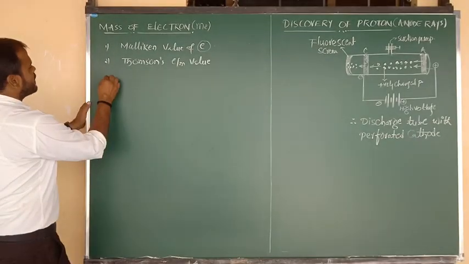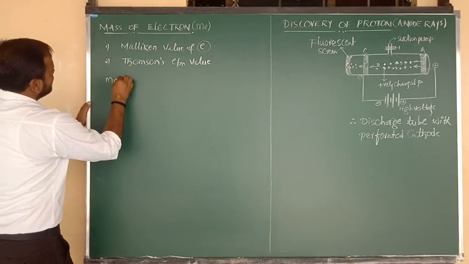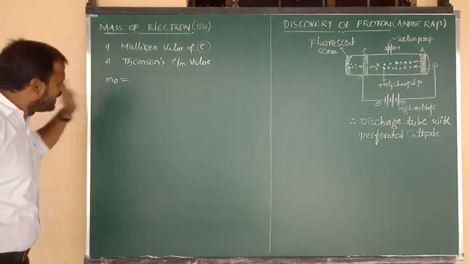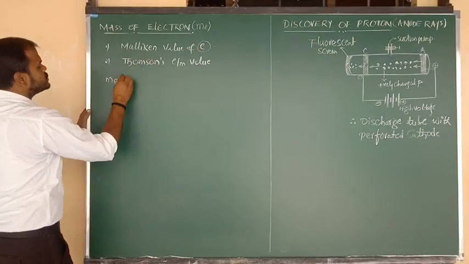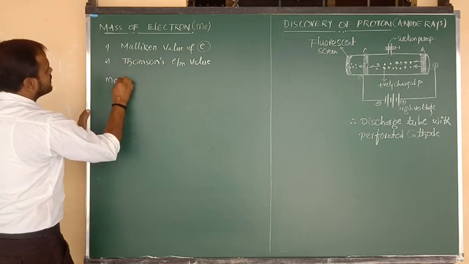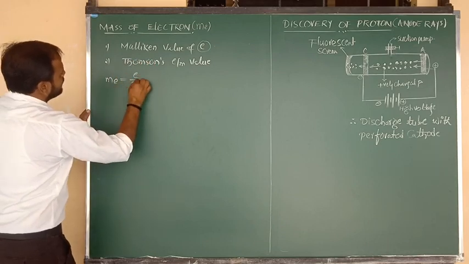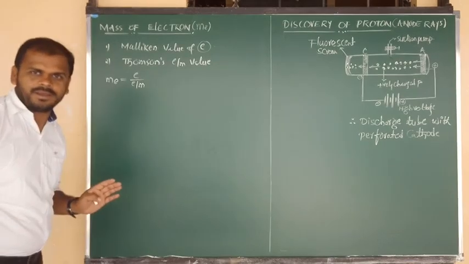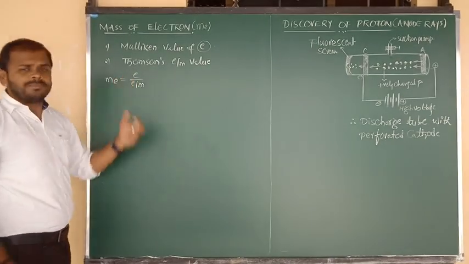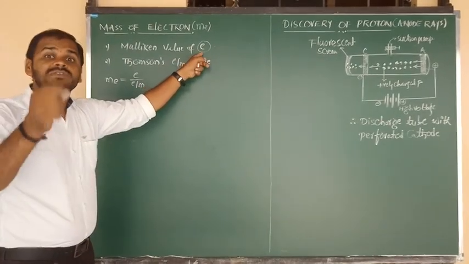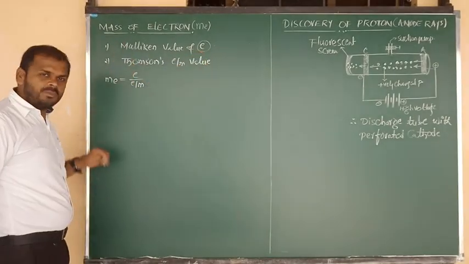So the formula is m_e equals, the meaning is the mass of the electron, it can be calculated by using the formula e divided by e by m. We have to use this formula here. So first of all, what is meant by e? e is the charge of the electron which was determined by Robert Millikan.